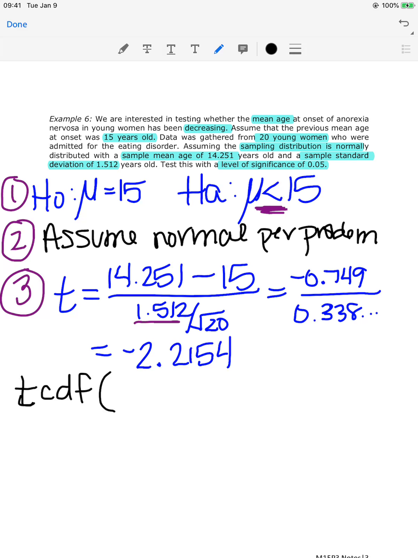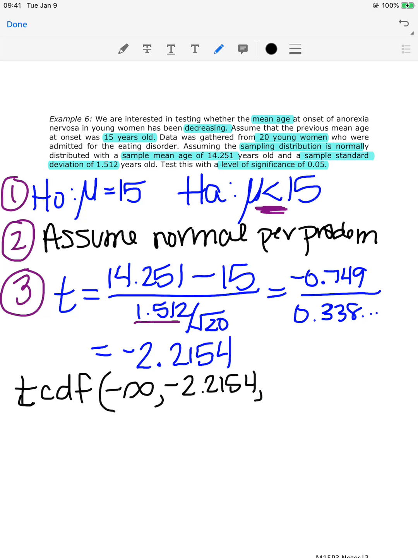Okay. So now the first thing we need to put into t-CDF is where we want to start calculating probability. So just like with the normal, if we're looking at less than, we're going to start at negative 1 million, or negative infinity. We're going to stop at our t-score, negative 2.2154.